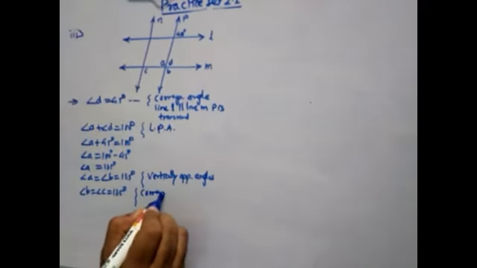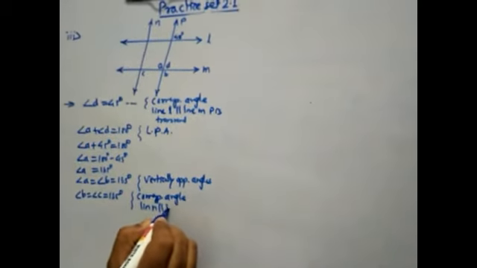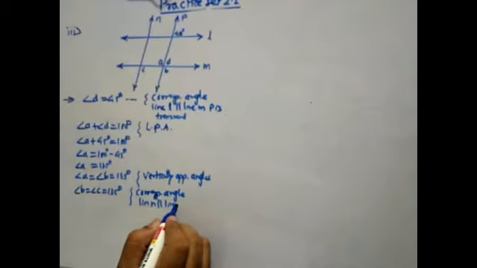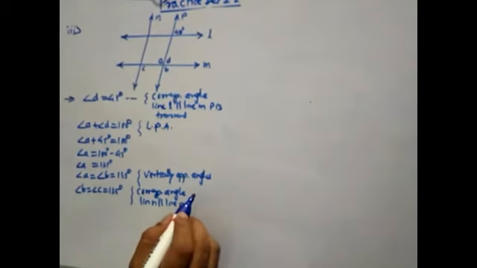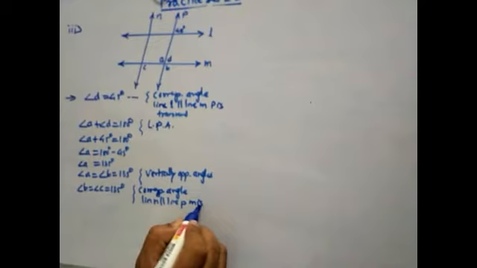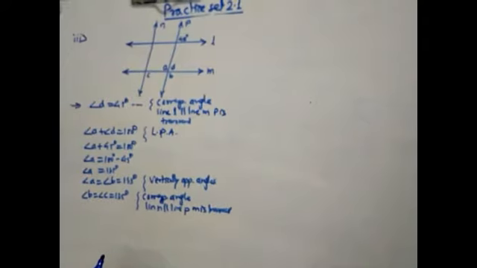So write down here: corresponding angle. Line N is parallel to line P, and M is a transversal. In this way we can solve that third question.